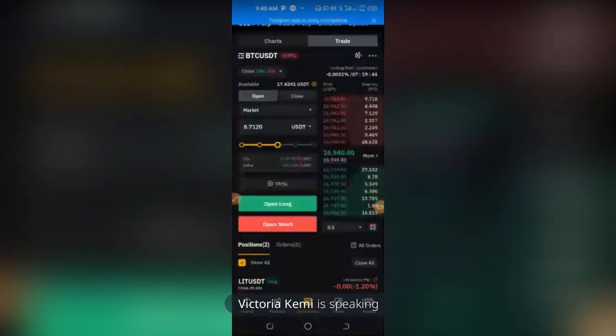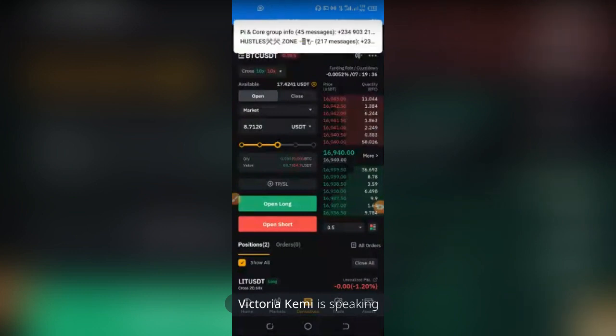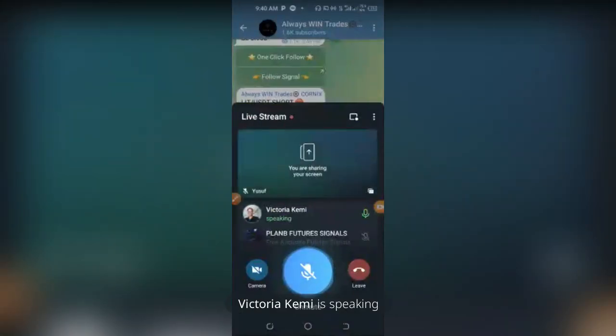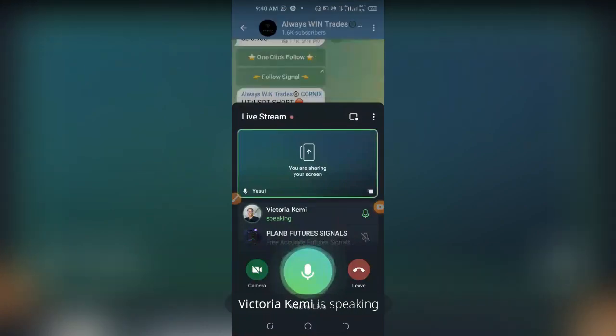But my question is, should we put it at the same leverage? For example, if the long is 10, should we put the short to 10, or 20? That is my question. And I have another question too. Maybe when you answer this, then the next question will come to my head.